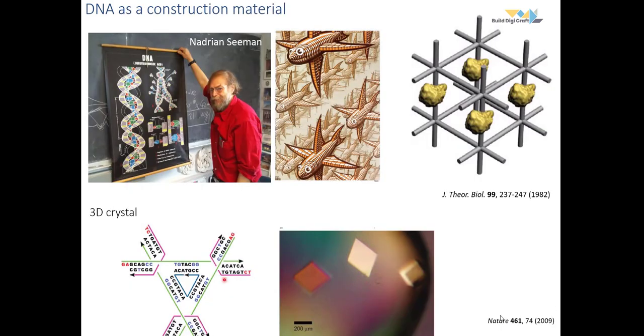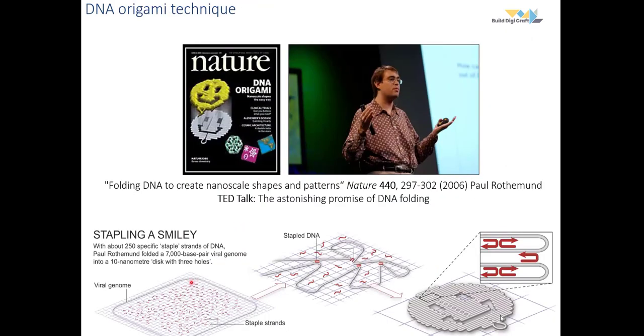So instead of building objects through the combination of small DNA pieces, what he proposed is to take a long single-stranded DNA. We usually call it the scaffold. It comes from a virus. It's the genome of a virus. It's not a human virus. It's a virus that infects bacteria, so it's safe to work with.